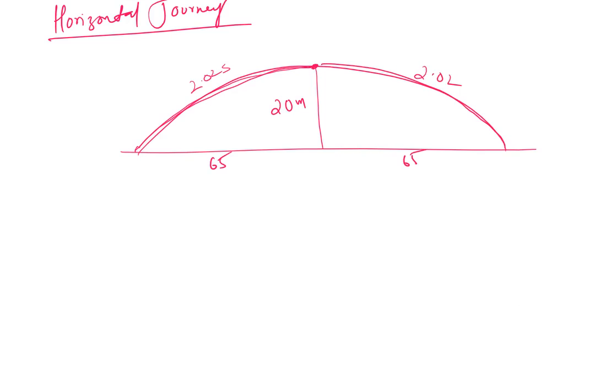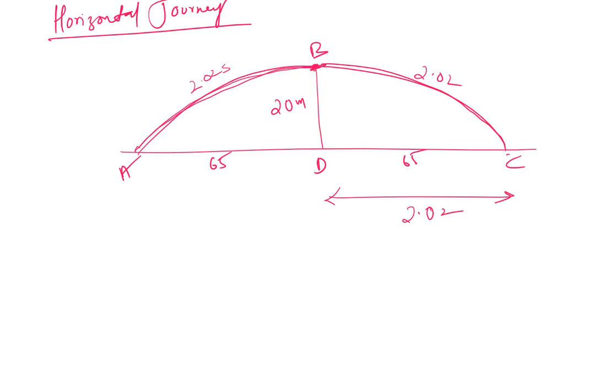And if you think of this ball reaching from point, let's call this A, B, C, the time it takes for the ball to reach from point B to point C, cover this horizontal distance, is 2.02. It is also the time to go from B to D, right?